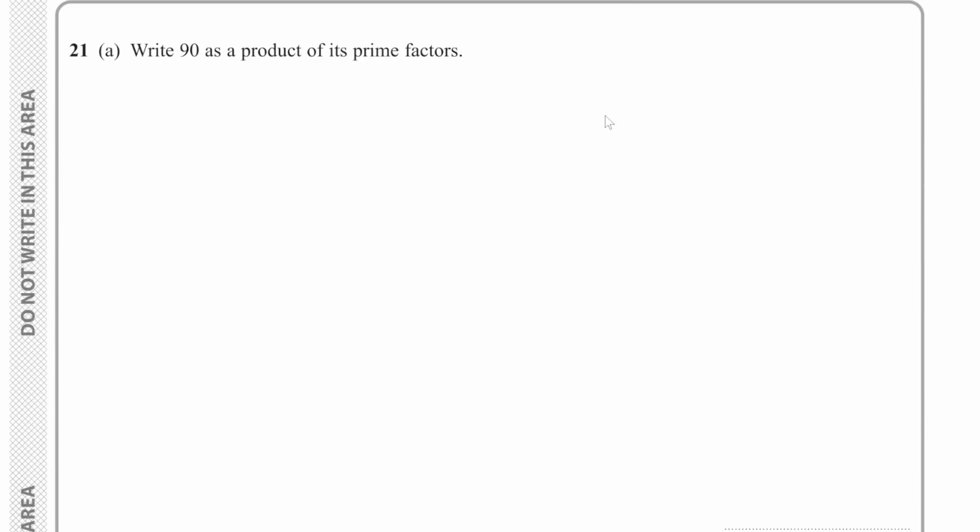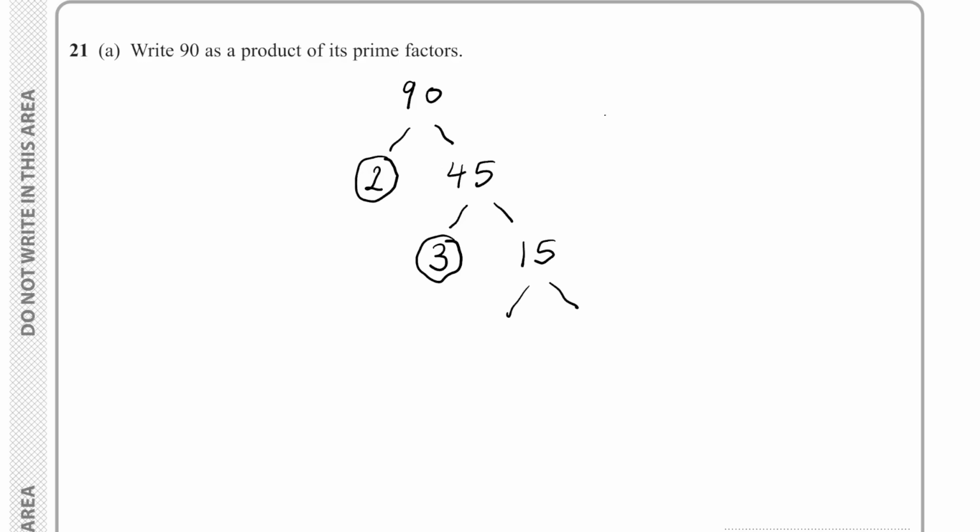Question 21. Write 90 as a product of its prime factors. So we're going to break 90 down until we've only got prime numbers left. So it's 2 times 45. 2 is prime. I can break 45 down again. It's not in the 2 times table, it's in the 3 times table. It's 3 15s. 3 is prime. I can break 15 down again into 3 times 5.